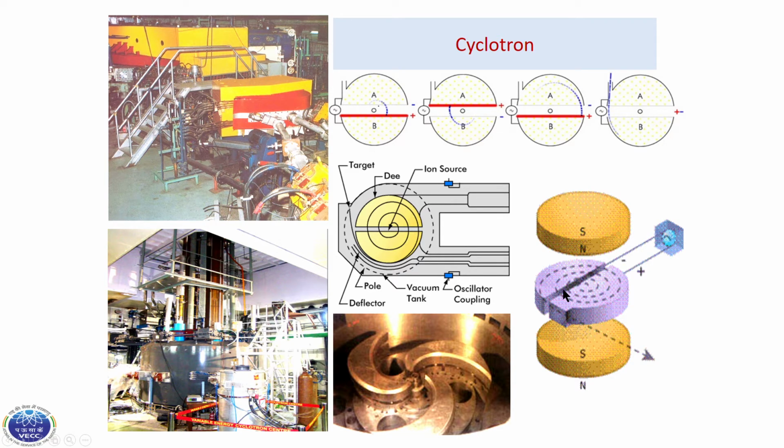In the left we see the two cyclotrons at VECC. One is room temperature cyclotron and one is superconducting. The room temperature cyclotron, it is operational since 1977. It is K130. The K value specify the maximum energy of proton that can reach for its bending strength.